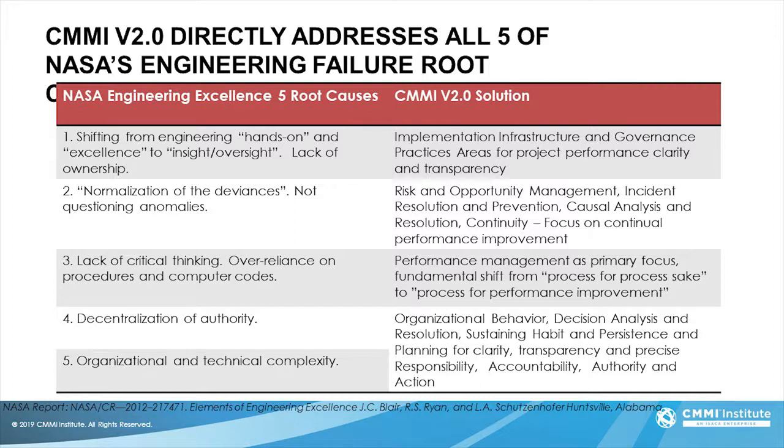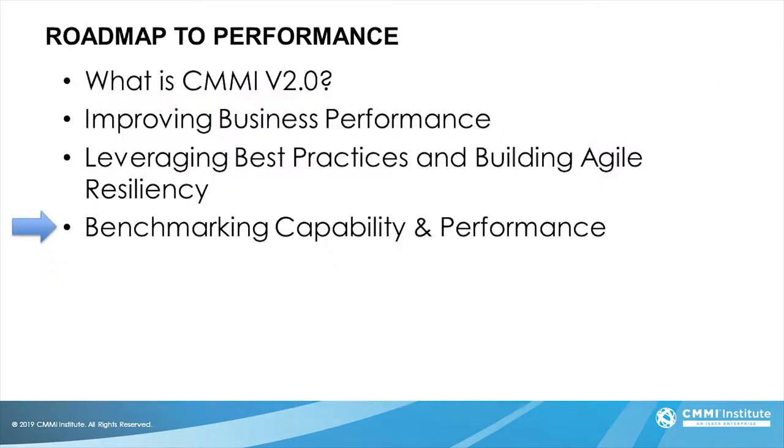Normalization of deviance, not questioning what the anomalies are. We have risk and opportunity management, causal analysis and resolution, continuity on being able to continue performance in services supplier. So in each case, we have directly answered. So now, DoD, Defense Science Board recommendations, NASA's issues, and if you look at the Agile Manifesto with its key areas, CMMI now addresses all 3 of those, directly or indirectly.